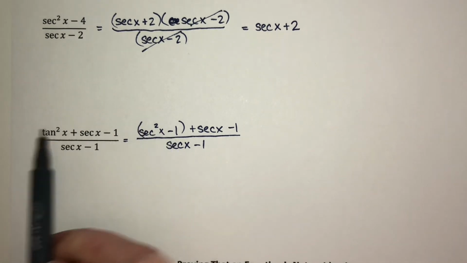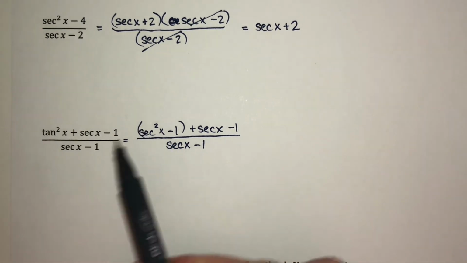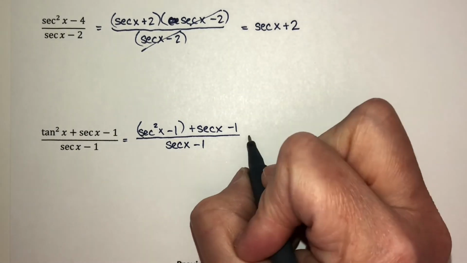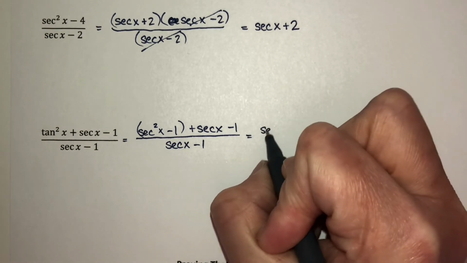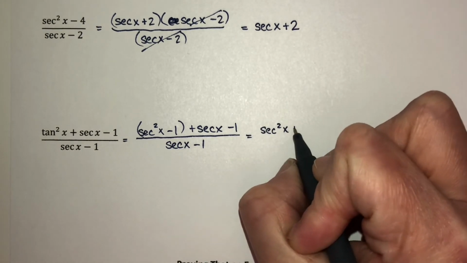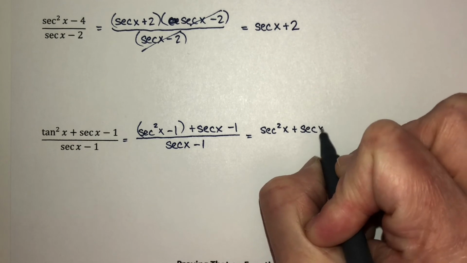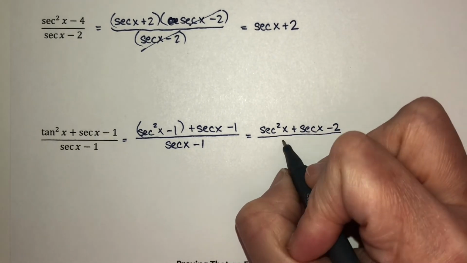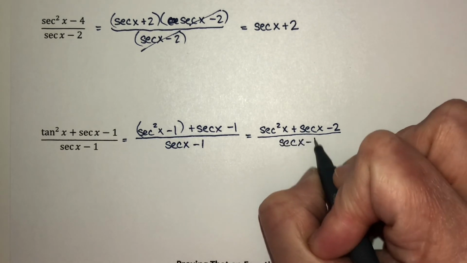I put the parentheses here so it'd be a little bit easier to see what was going on, but algebraically the parentheses don't matter here. And I can simplify to secant squared x plus secant x minus 2 over secant x minus 1.